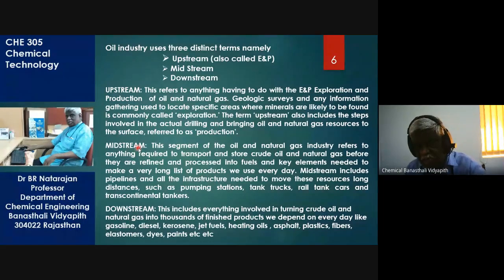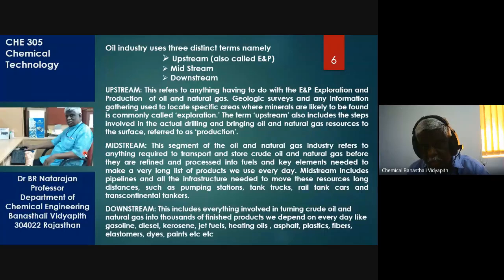Midstream. Remember, where the oil is drilled, the refinery may not be located there. Say the oil is drilled on the Gujarat coast, but the refinery is in Mathura, or in Panipat. So how does the oil come from the Gujarat coast to Mathura and Panipat?